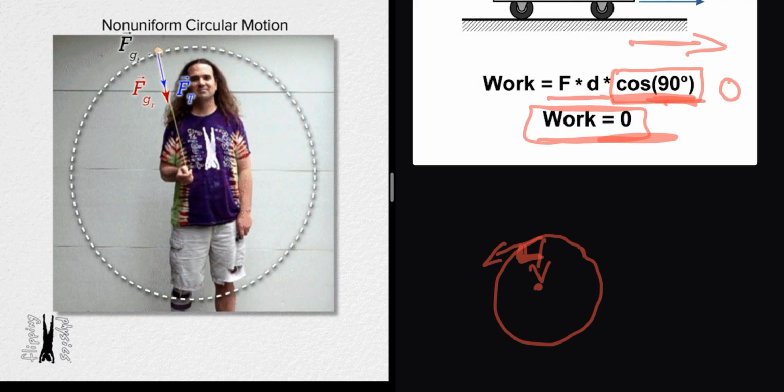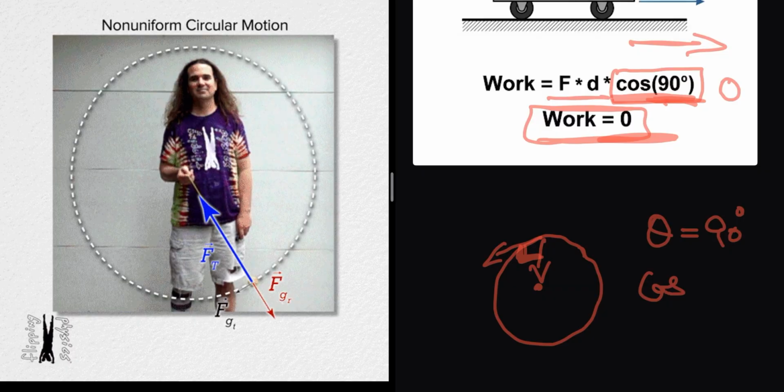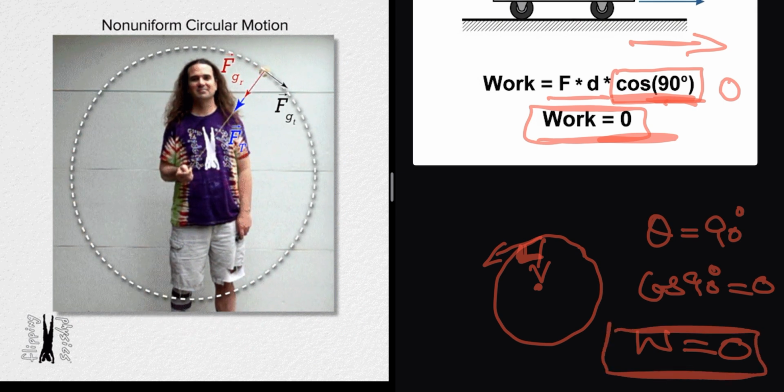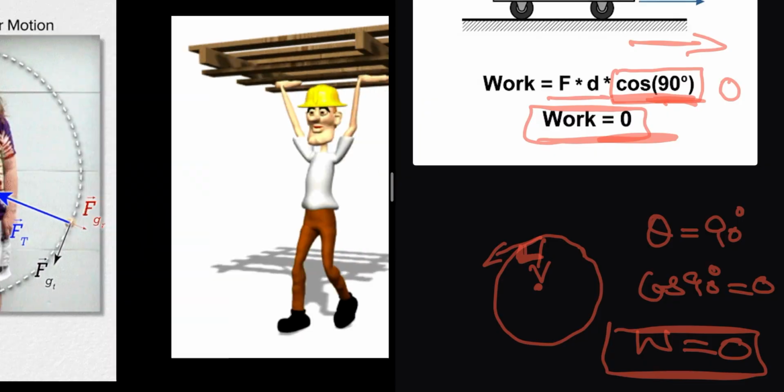If the angle between them is 90 degrees, theta is 90 degrees, and cos 90 is 0. In that case, work done will be 0. This means when an object is moving in a circular path, the work done is 0. Why 0? Because the angle between centripetal force and displacement is 90 degrees.